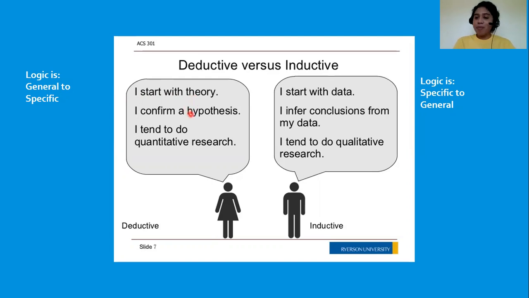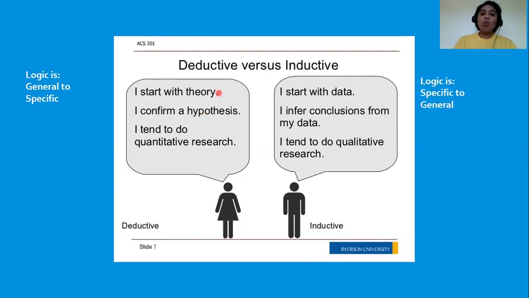We can test our hypothesis by walking out to the yard and checking to see if the tree has leaves. If it does, then we can say, yes, this one tree has leaves. It is therefore a tree. It meets the criteria of a tree because it has leaves. Deductive reasoning, that type of thinking, is used in quantitative research.